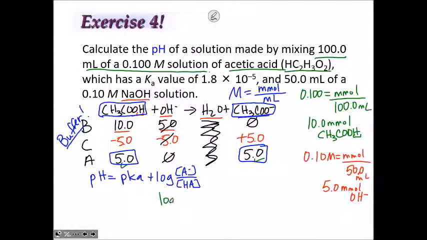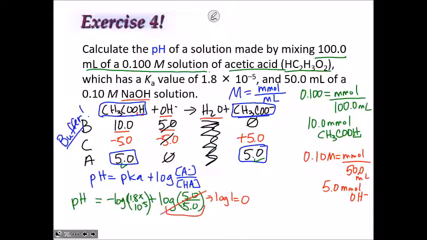Remember, this is going to turn into the log of 5 over 5, like so, plus the negative log of 1.8 times 10 to the minus 5. So that's going to equal your pH. Because this turns into the log of 1, this part, which is 0, cancels out. So really, the pH equals the pKa here. And that means the pH is 4.74.